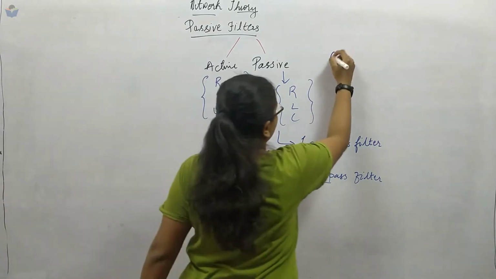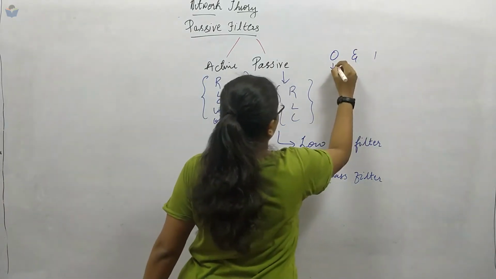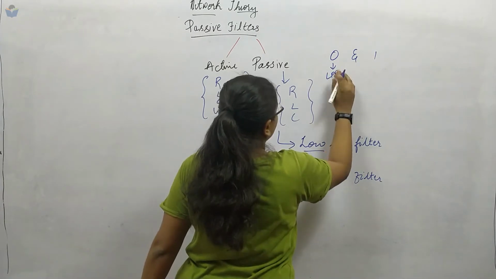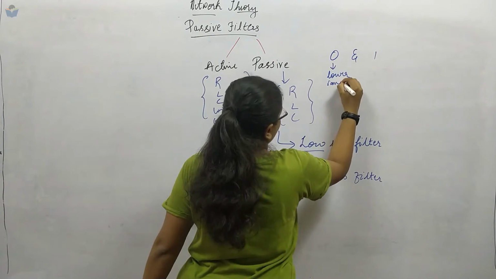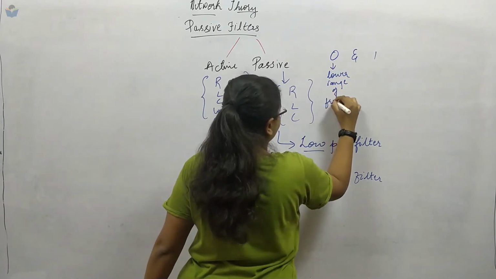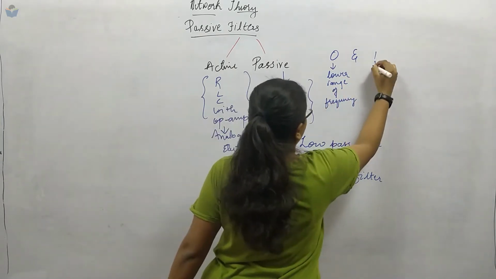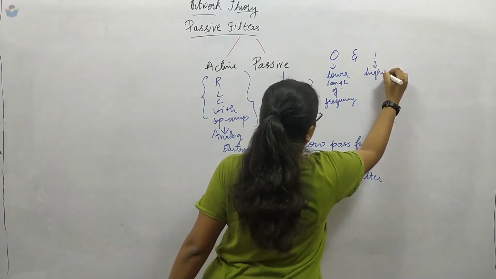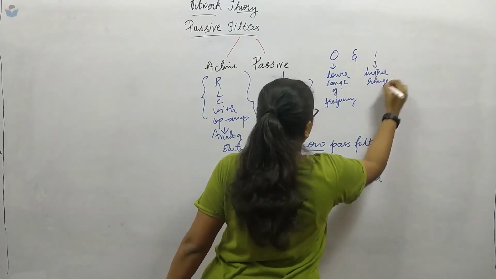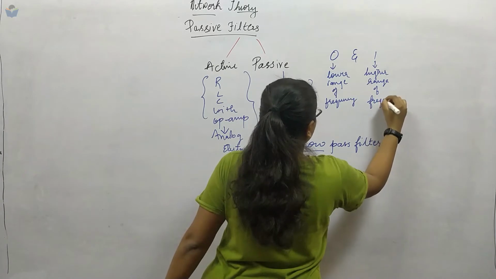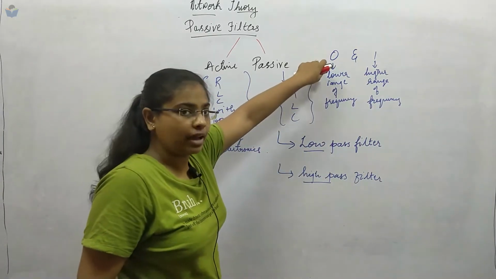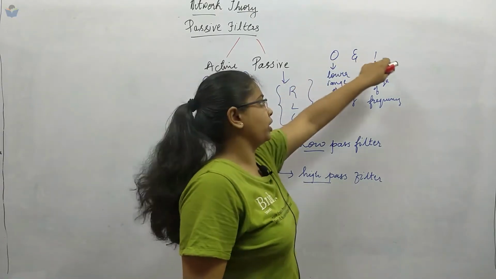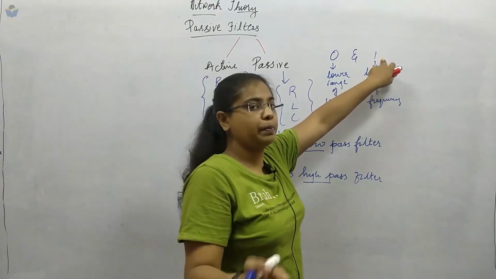Suppose you consider 0 and 1, where 0 is the lower range of frequency and 1 is the higher range of frequency. When you consider this, how will the circuit allow this value, what will be the output voltage, and when it is 1 it will be a high pass filter.